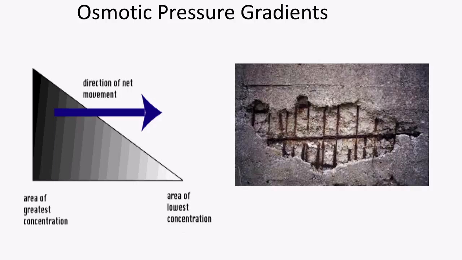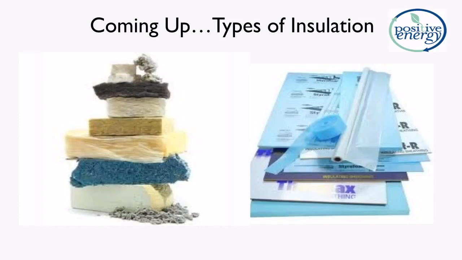So again, the message here is you have flows moving in the direction of a higher concentration to a lower concentration. And with that, we will leave off with our overview of putting insulation and control layers into the context of building science, and we'll talk about some specifics about types of insulation.